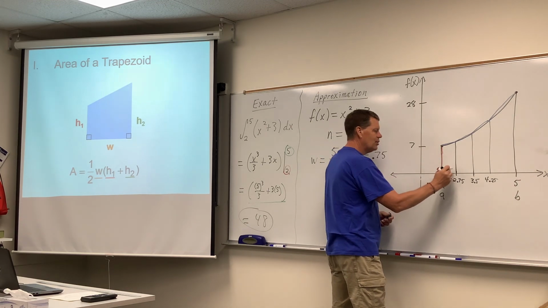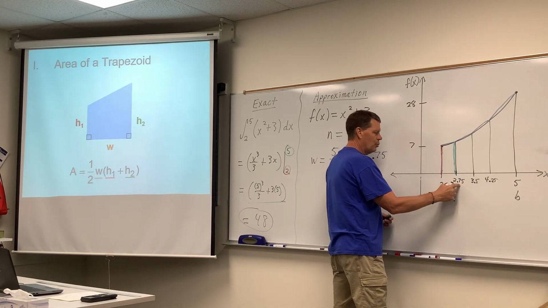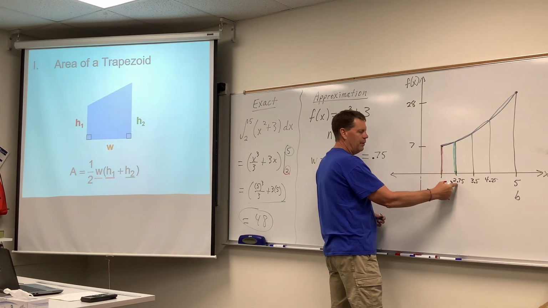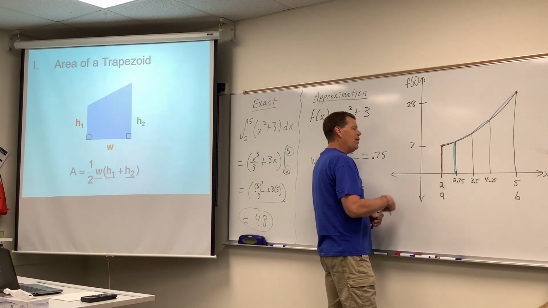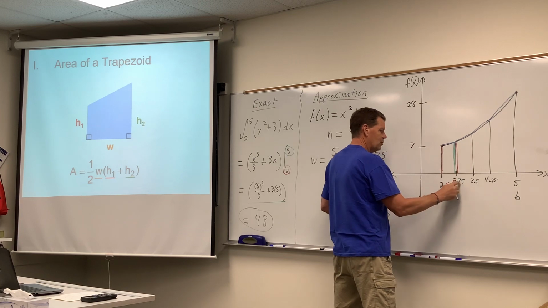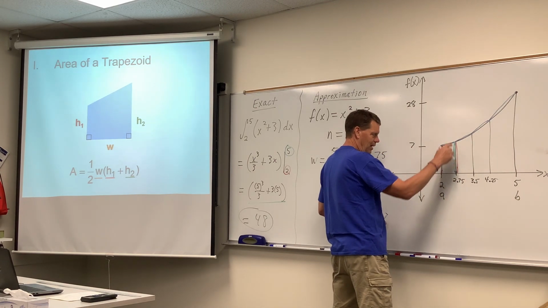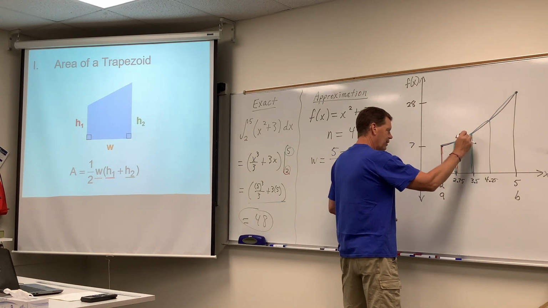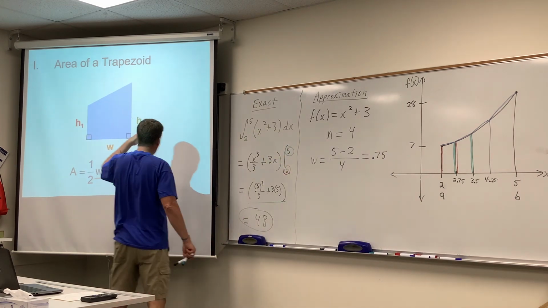And then the right edge of that first trapezoid would be found by putting 2.75 into the function, f of that number. That's how you get that edge. The second trapezoid, the left edge, would be to put 2.75 into the function, f of 2.75, and the right edge would be found by putting 3.5 in there. So you see, again, what I'm trying to color code here is left edge red, right edge green.